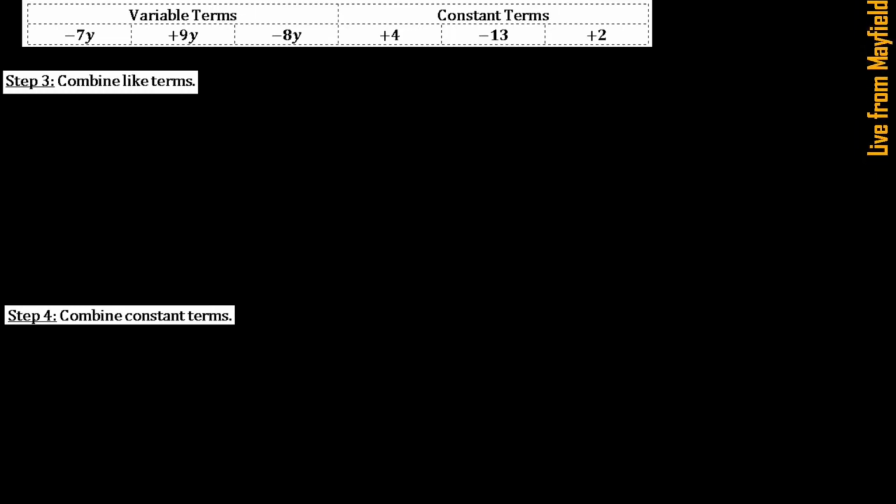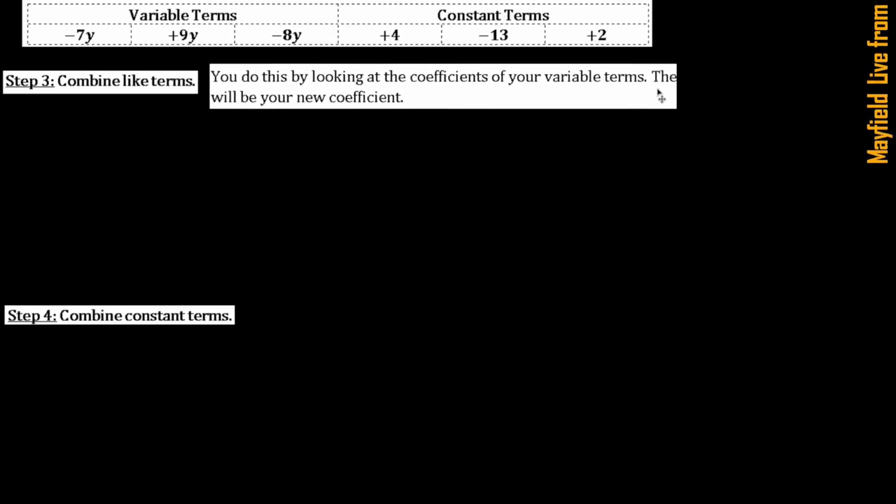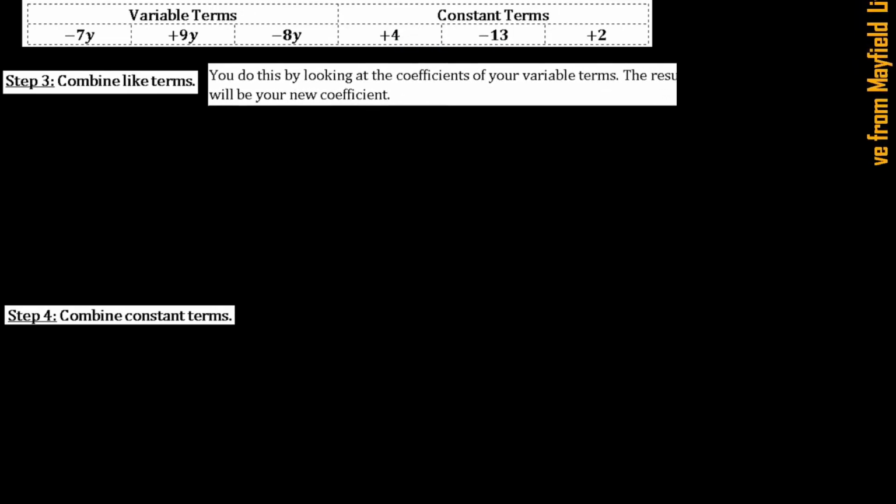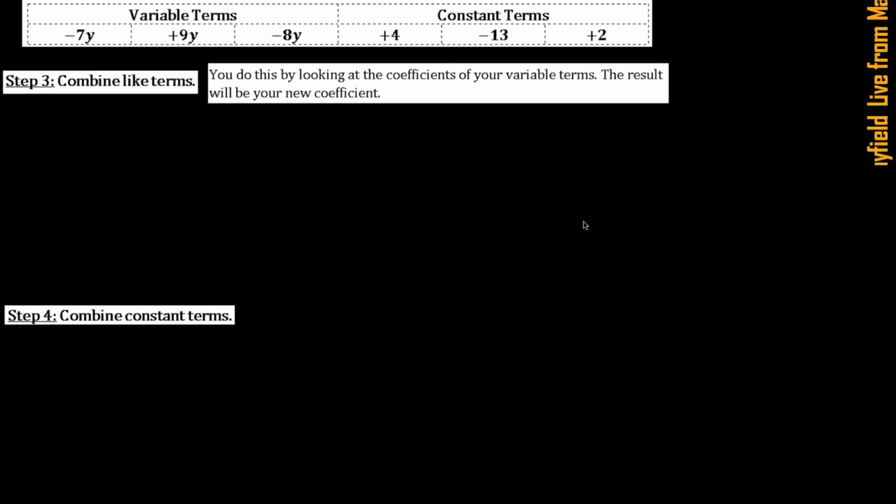So again, you want to do this by looking at the coefficients. Let me get this on screen for you. There it is. What does it mean to have a coefficient? Well, it's just that front value attached to that variable. So I'm saying negative 7, positive 9, and negative 8.